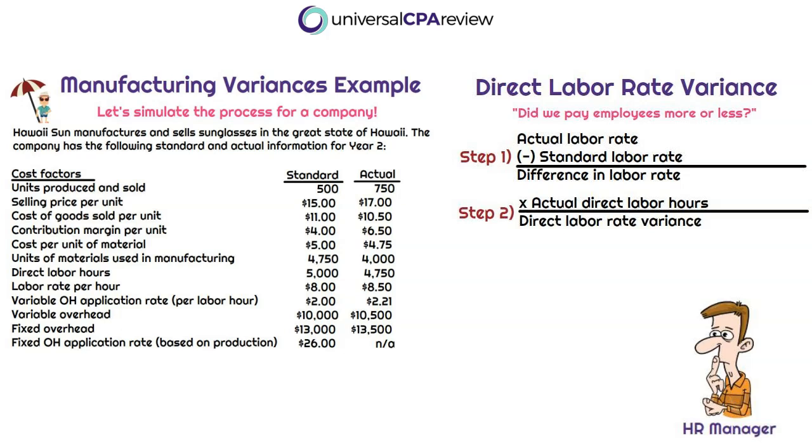But anyway, when it comes to calculating the direct labor rate variance, well, we're going to compare the actual labor rate to the standard labor rate. And that difference in the labor rate is multiplied by actual direct labor hours. Right? So we're comparing the actual versus the standard labor rate and then multiplying by the actual direct labor hours, and that will give us our direct labor rate variance.